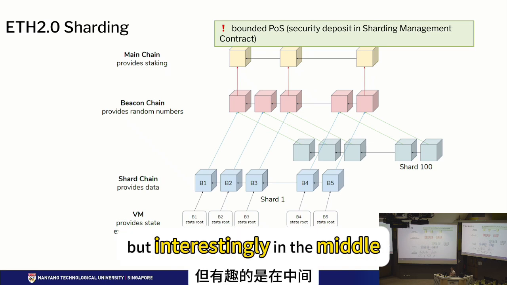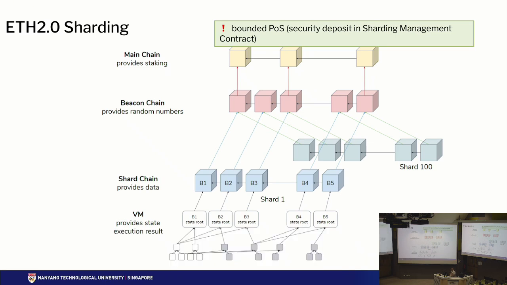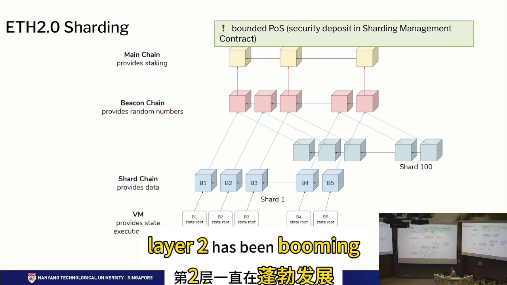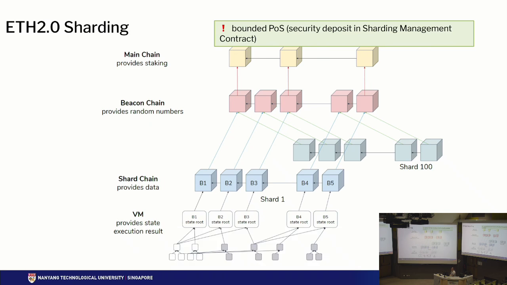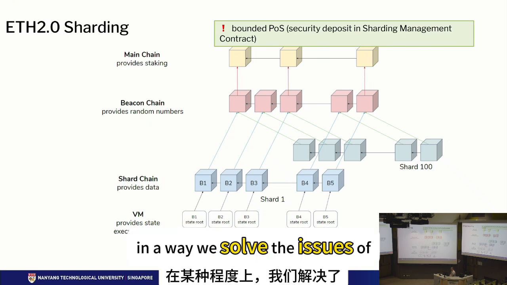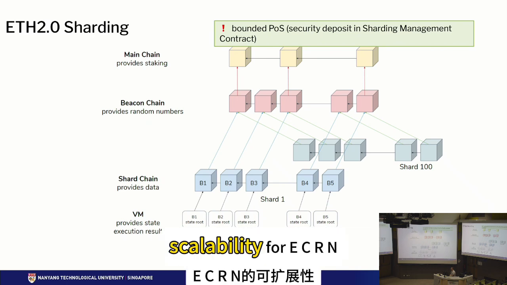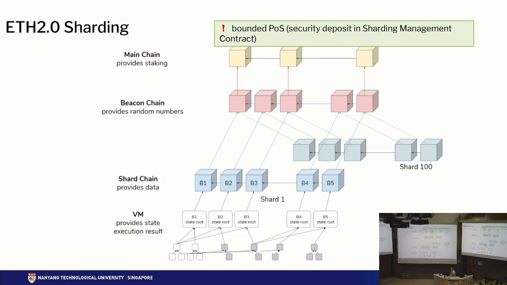But interestingly, in the middle, layer 2 has been booming, and there are so many layer 2s. It seems in a way they solve the issues of scalability for Ethereum.